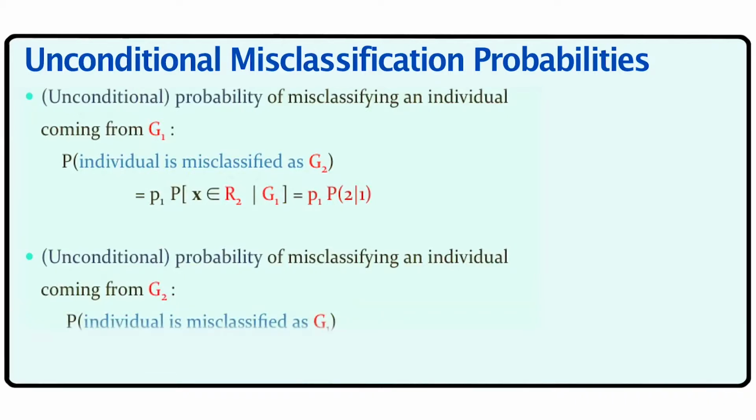The first part is P1 and the second part, as we have seen before, is the conditional probability of x belonging to R2 given G1, which is P(2|1). So it's P1 times P(2|1). Similarly, the unconditional probability of misclassifying an individual coming from G2 is P2 times P(1|2).